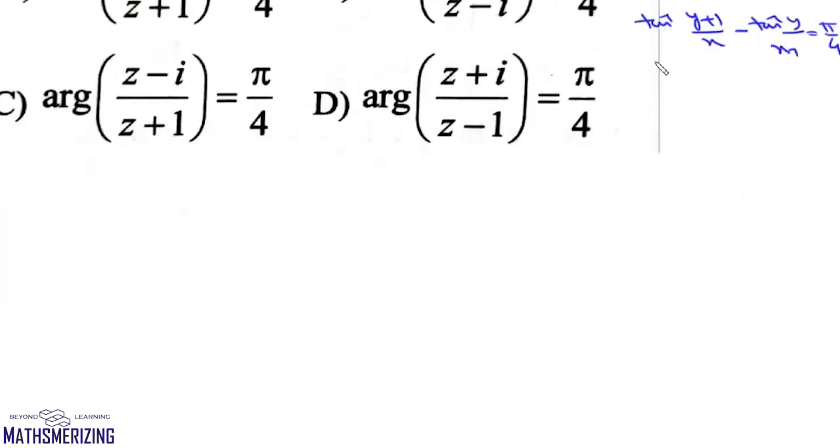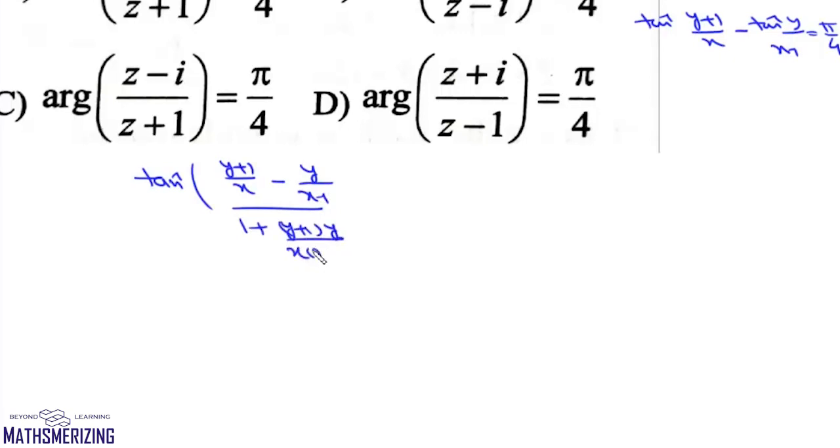Now we'll use tan inverse a minus tan inverse b. We can write tan inverse y plus 1 upon x minus y upon x minus 1 upon 1 plus y plus 1 y upon x into x minus 1 and it is pi by 4. Now we'll take tan inverse to the right hand side.